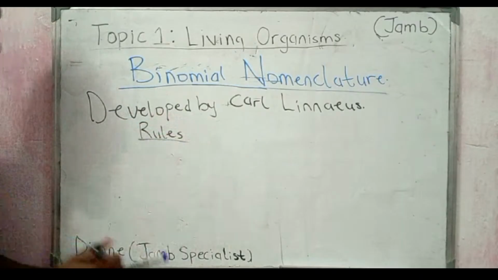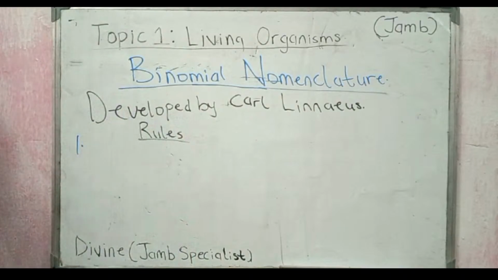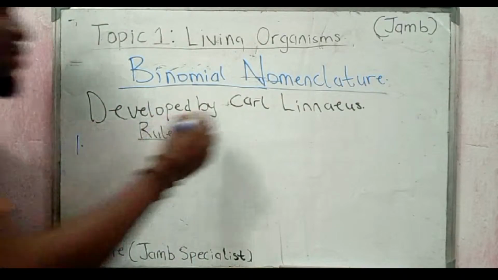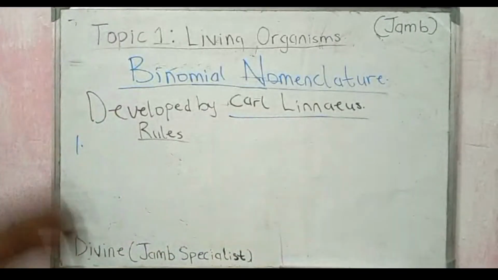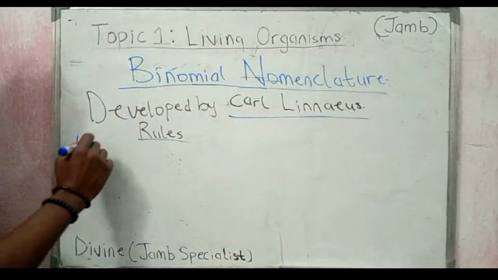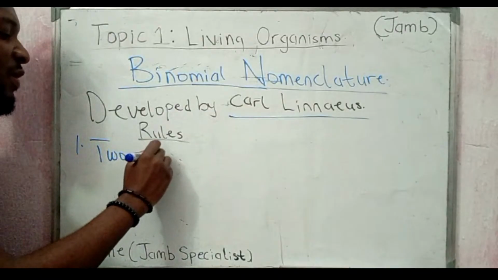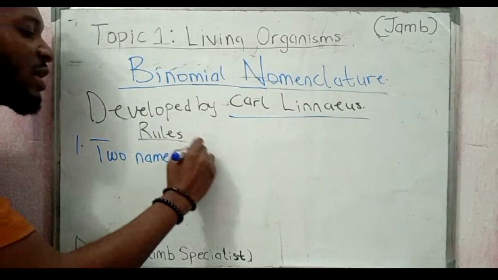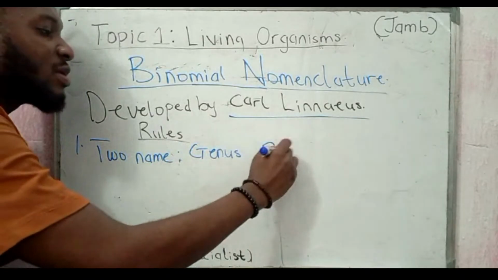The first rule he gave us was two names, genus plus species. They must have two names, with the first name as the genus and the second as the species.